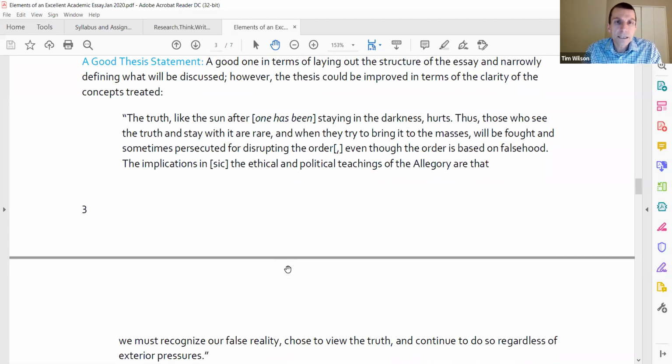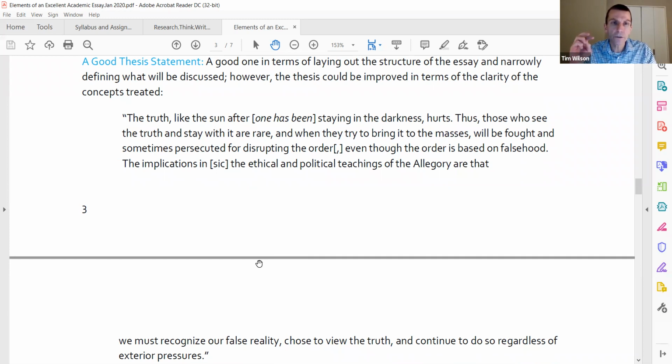So a good thesis statement, a good one in terms of laying out the structure of the essay and narrowly defining what will be discussed. This is an example from an essay I had before. It also has some flaws, like the thesis could be improved in terms of the clarity of the concepts. This is about Plato: the truth, like the sun after one has been staying in the darkness, hurts.